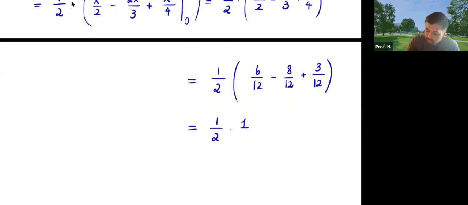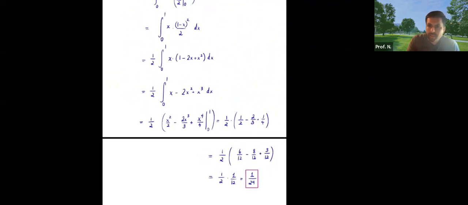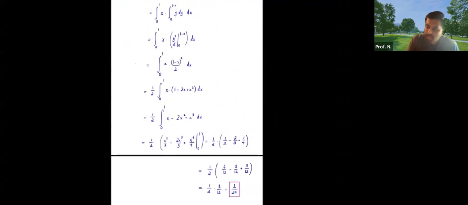So this is 1/12. And this is 1 over 24. Okay, so at this point, it just becomes a calculus problem from an original probability problem.